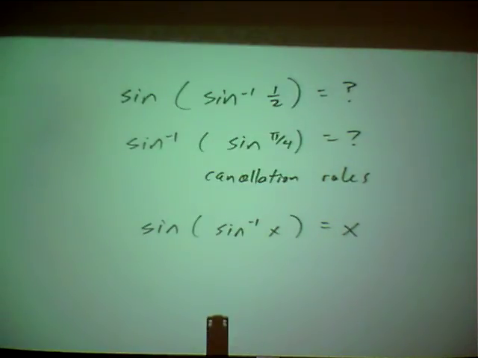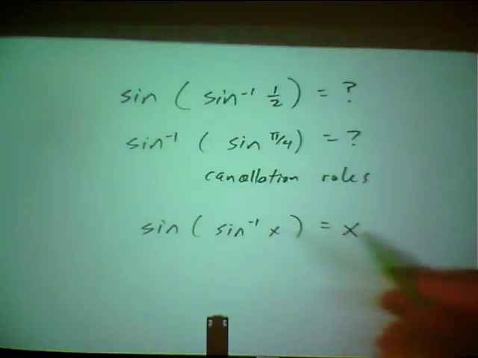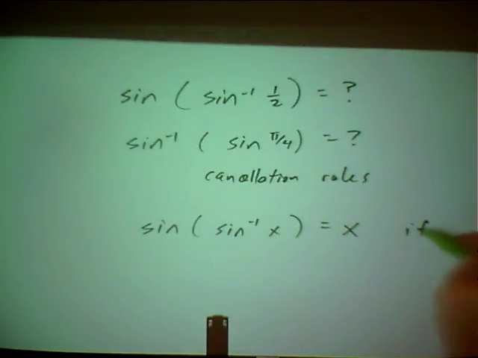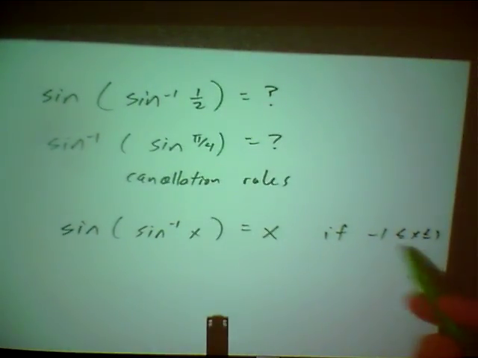This cancellation rule applies, in other words, the sine of the inverse sine of x equals x, if the starting value of x is between -1 and 1.